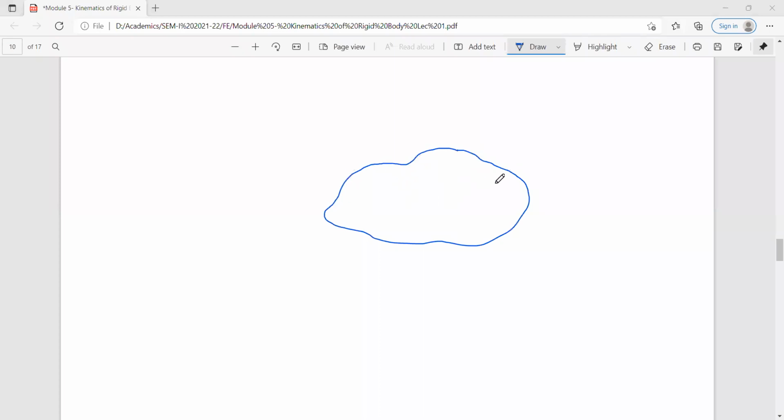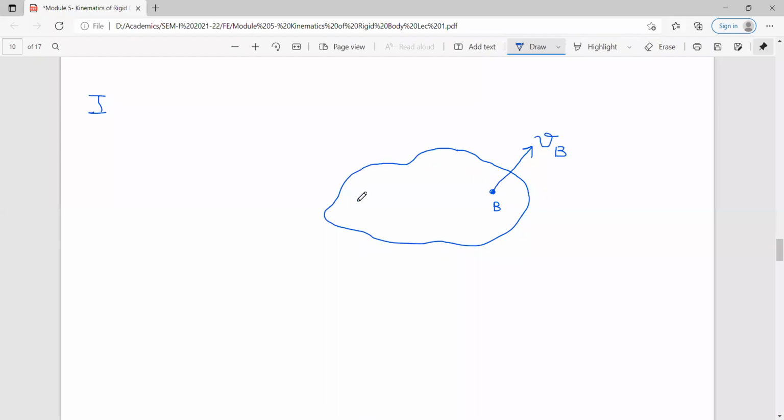I am given that it has a point, point B, and that at this particular moment point B is moving in this direction. I am told to find out the ICR for this body.